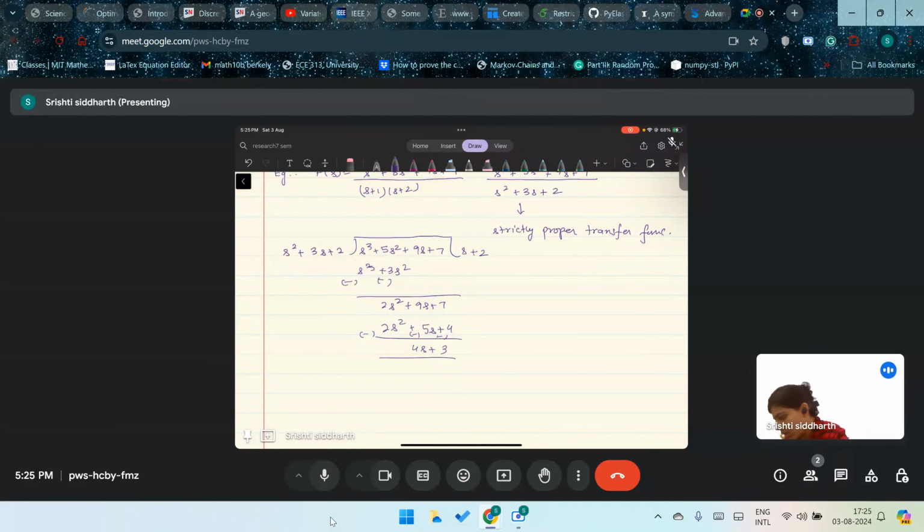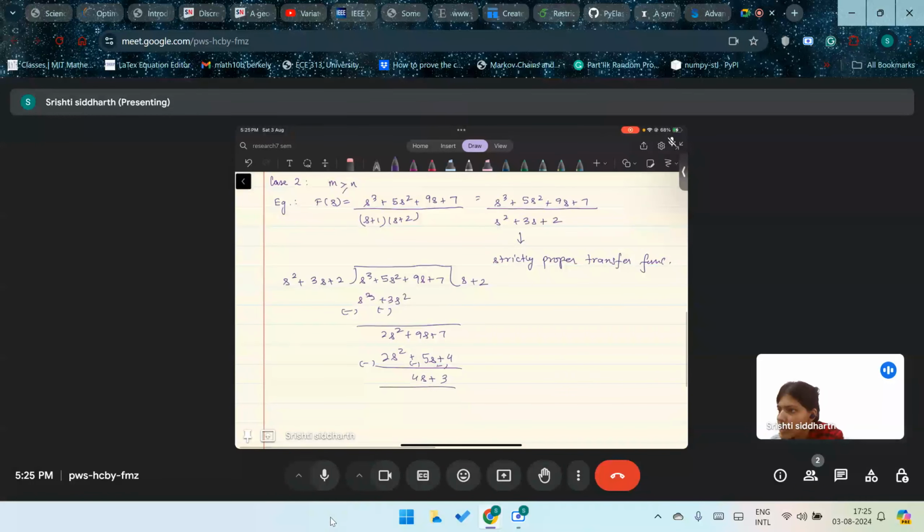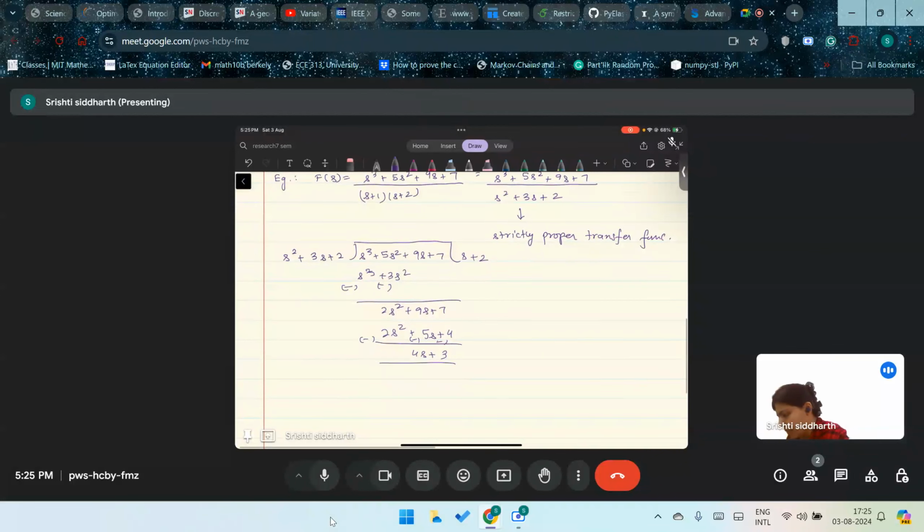So the expression can be written as s plus 2 plus (4s plus 3) over (s squared plus 3s plus 2).